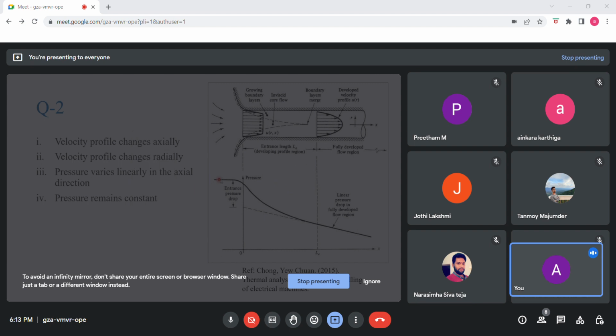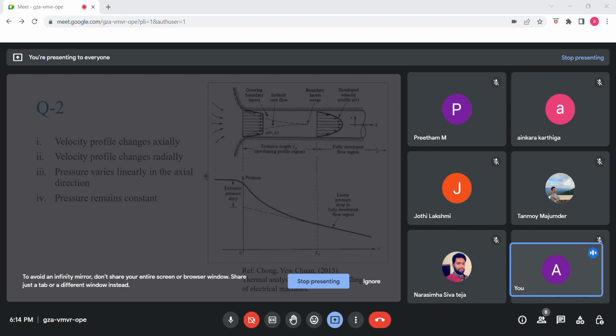This is a pressure distribution curve for the flow in a circular pipe. From this, it can be seen that pressure does not remain constant over the flow region. It keeps on changing.